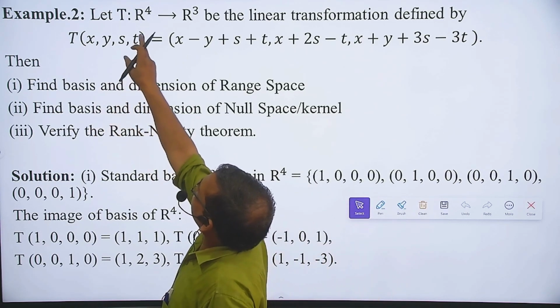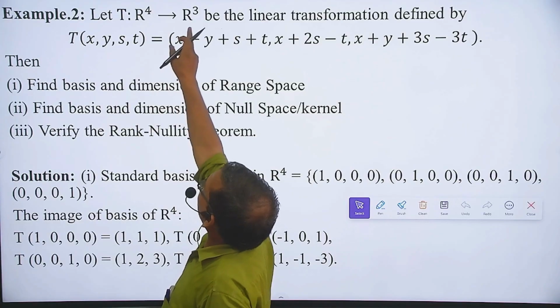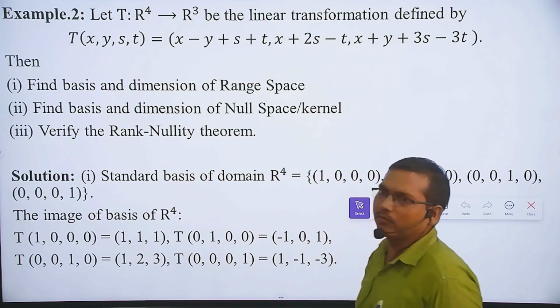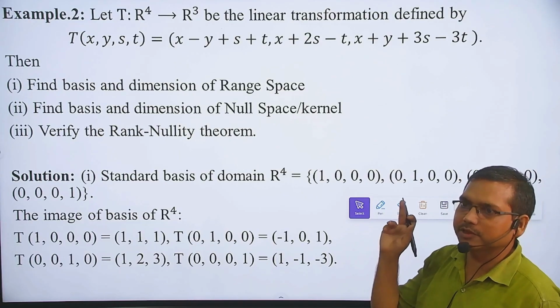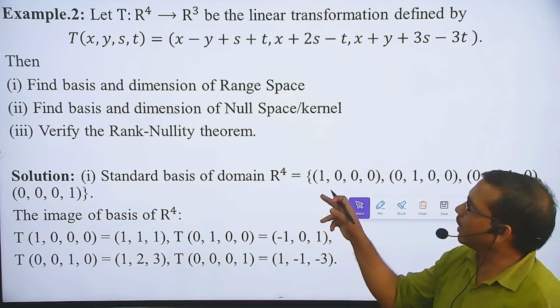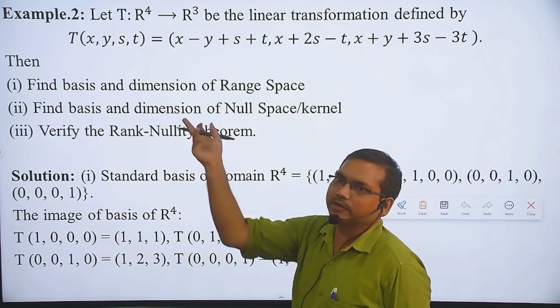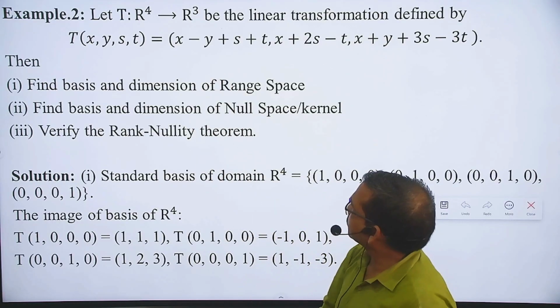Let T be from R^4 to R^3. R^4 means the domain is a vector space of dimension 4 and the codomain is a vector space of dimension 3.